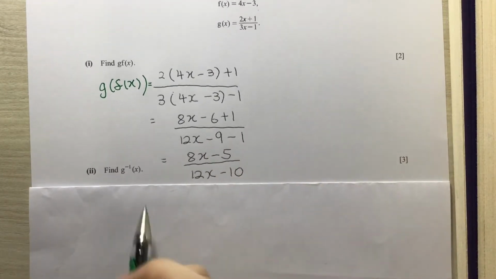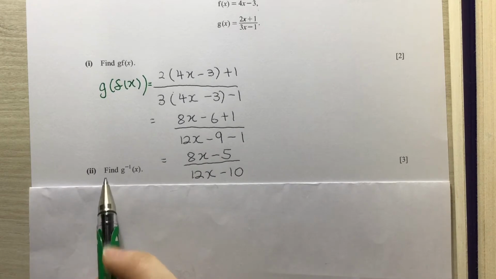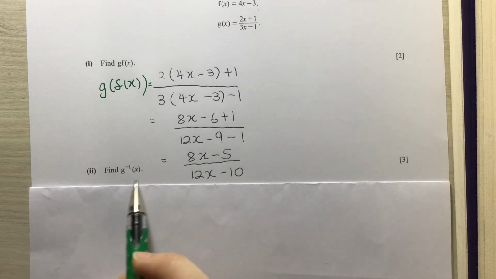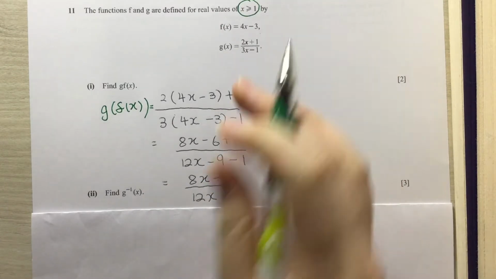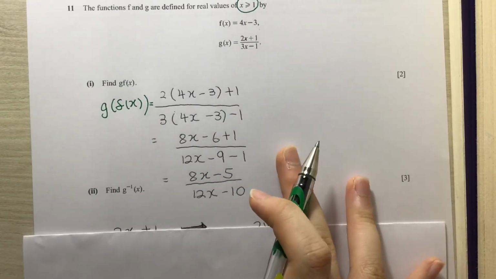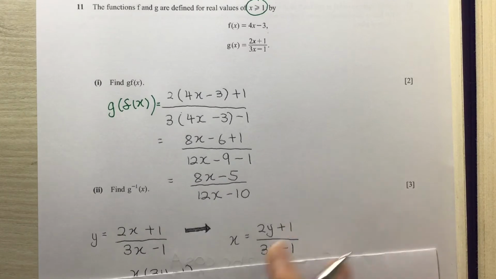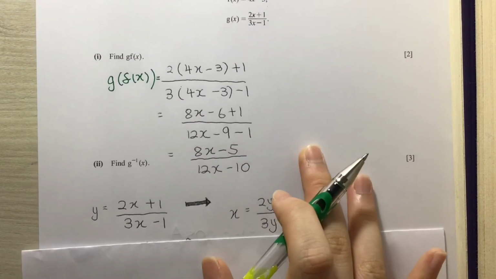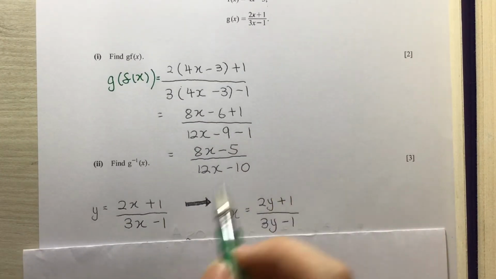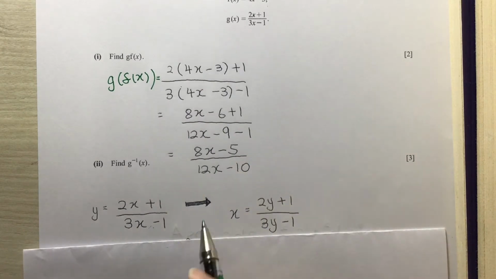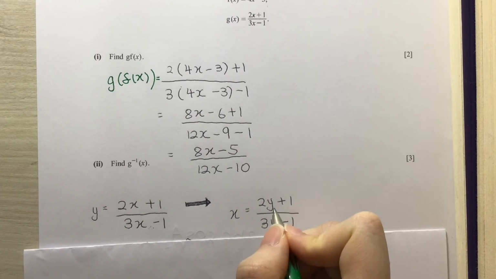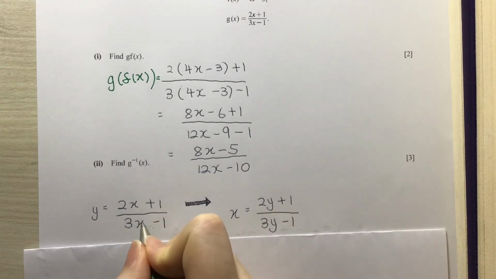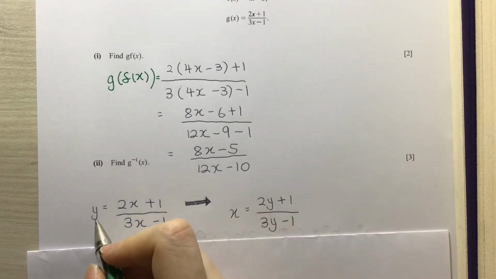After that, we move on to the second part of the question, where you need to find the inverse of g(x). So when we look at g(x) over here, again, you may want to copy down your g equation first, and then after that, all you have to do is just to change all the x here into y, and all the y into x.